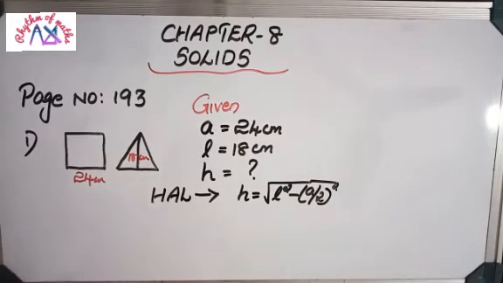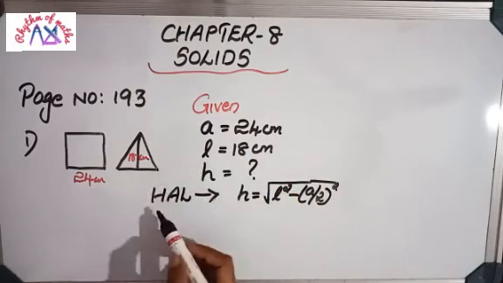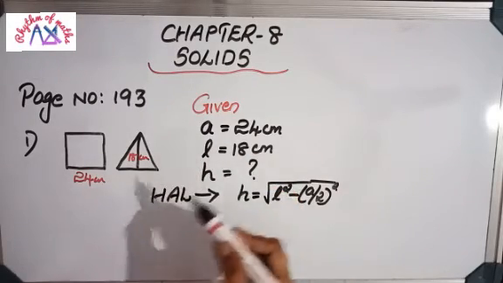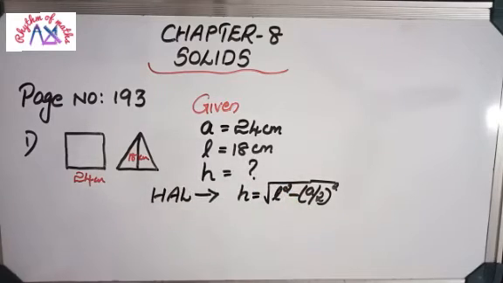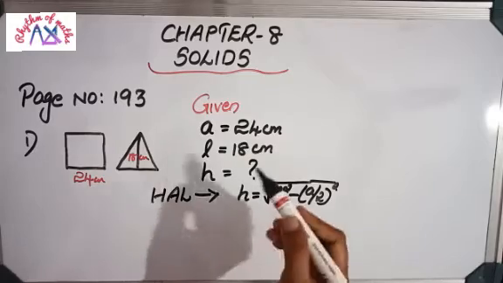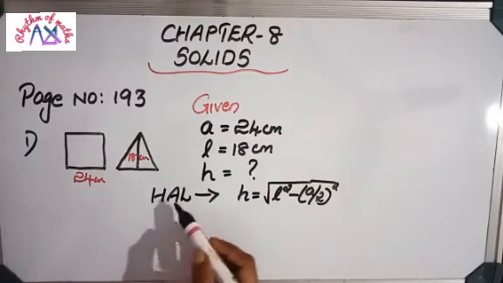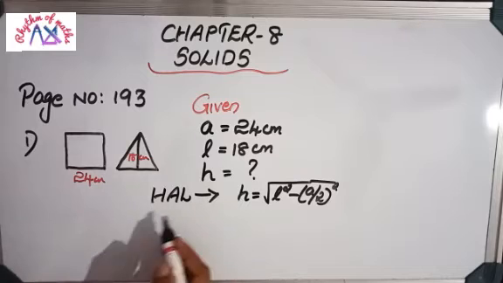This will be the equation. You have to relate all the terms given with the three terms. ELA is not possible because E is not given, and H is also not there. So in order to find H, HEAD and HAL are possible. For HEAD, E is not given. That's why we consider HAL.